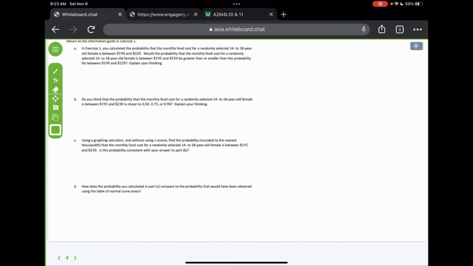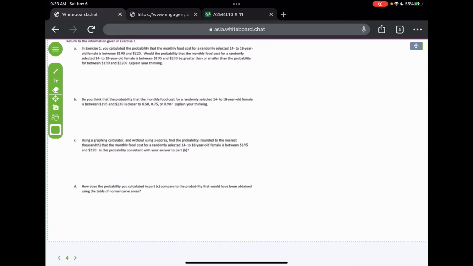So, in exercise 1, if you calculated the probability that the monthly food cost for a randomly selected 14 to 18-year-old female is $190 to $220, with the probability that the monthly food cost for a randomly selected 14 to 18-year-old female is between $195 and $230, would it be greater or smaller than the probability of 190 to 220?